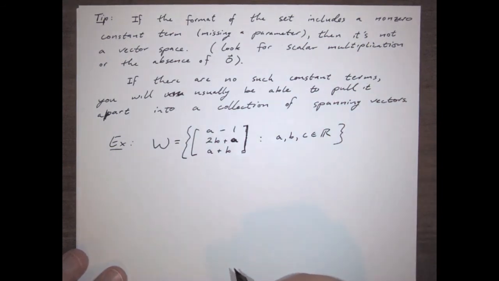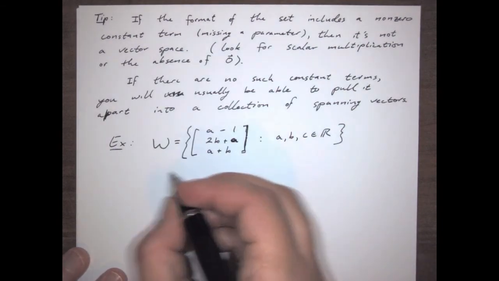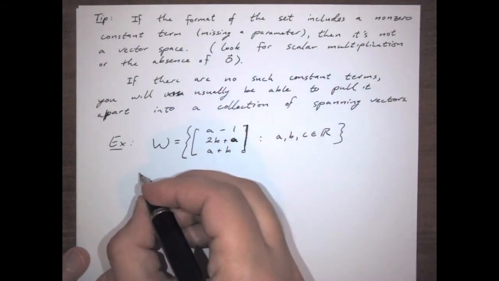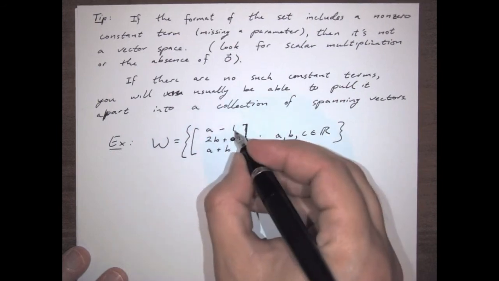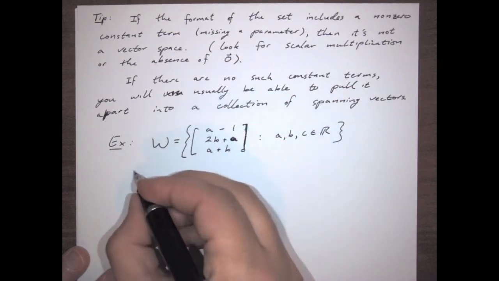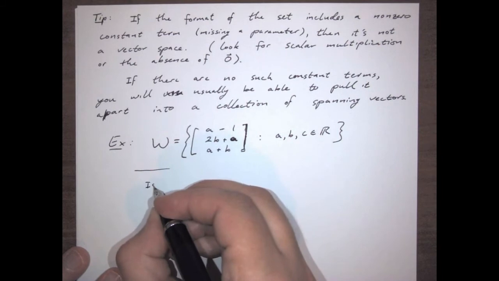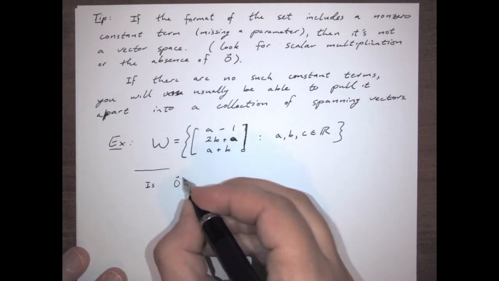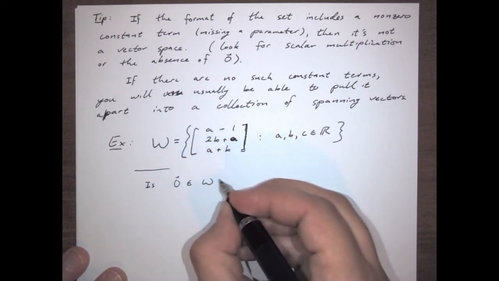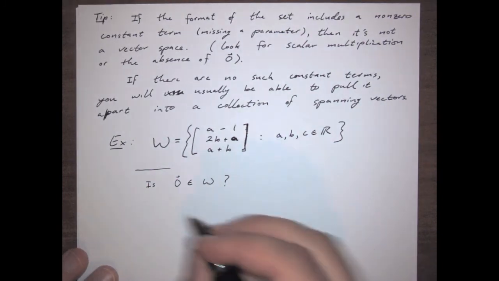Okay. Well, if this is truly a vector space, then it should include a 0. So is 0 in W? That's the question.